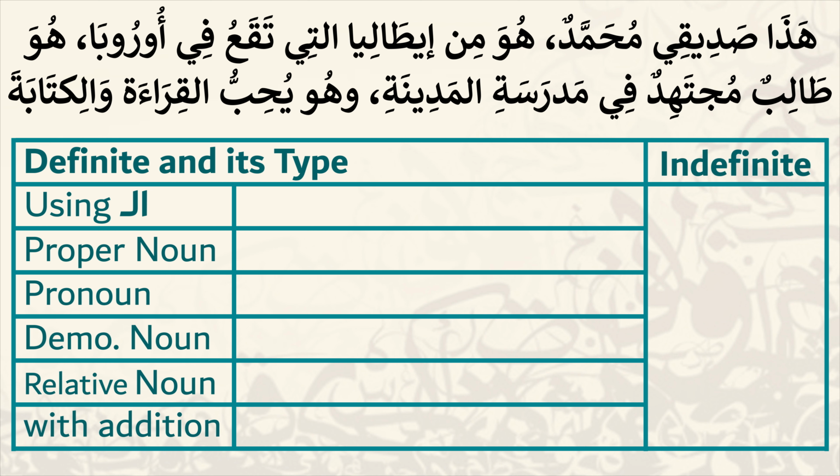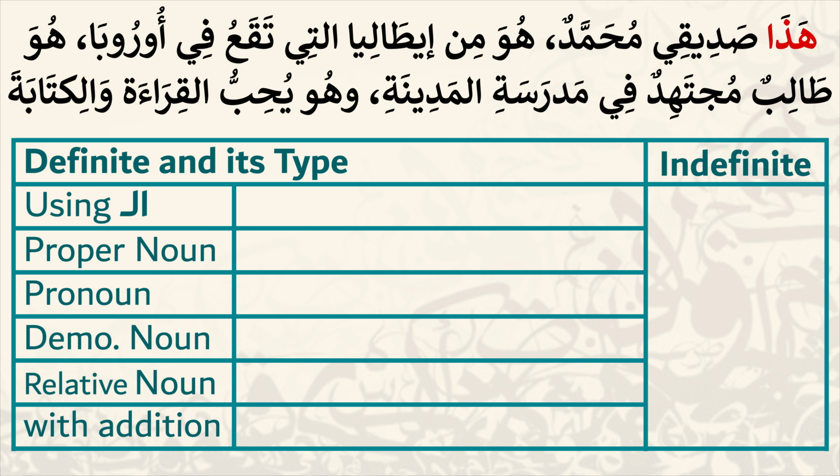Let me first read the paragraph for you. هذا صديقي محمد. هو من إيطاليا التي تقع في أوروبا. هو طالب مجتهد في مدرسة المدينة. وهو يحب القراءة والكتابة. Let me do the first sentence and I will leave the rest for you.